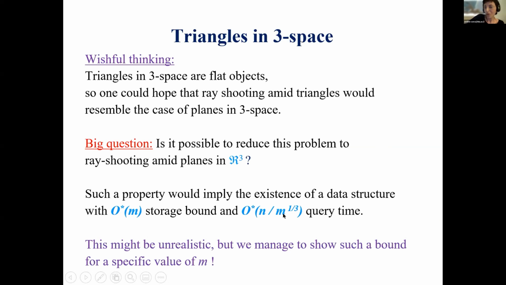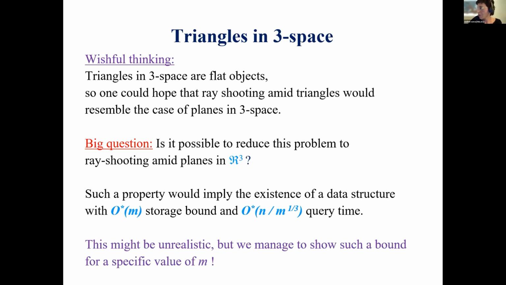So the big question is whether it is possible to reduce this problem to ray-shooting amid planes in 3 space. Getting such a bound, we believe, is kind of unrealistic.